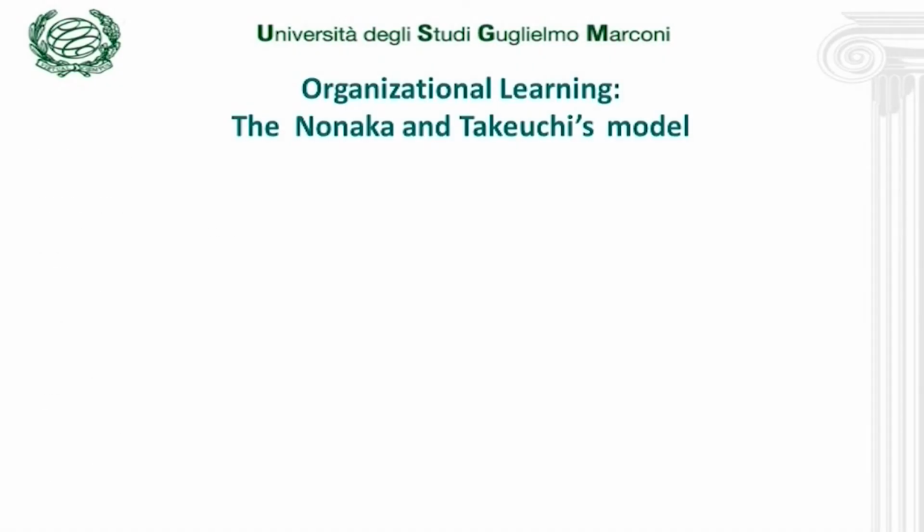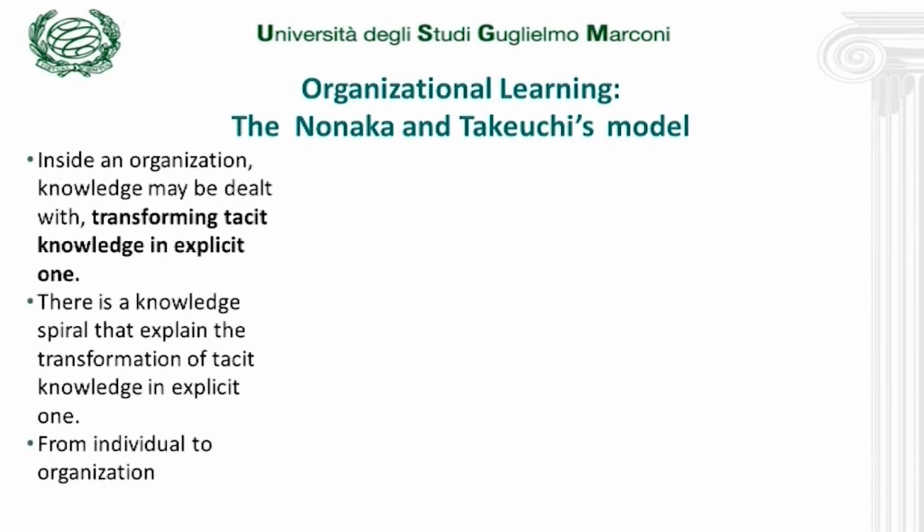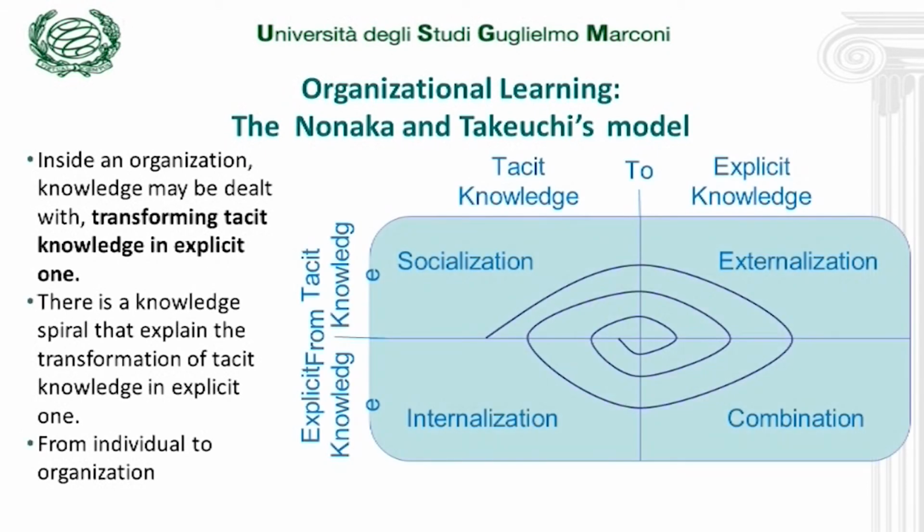Here is the model called the Nonaka and Takeuchi model, which is a spiral, the spiral of knowing. Inside the organization, according to this model, knowledge is dealt with by transforming tacit knowledge into explicit knowledge and vice versa. So we have four great phases.